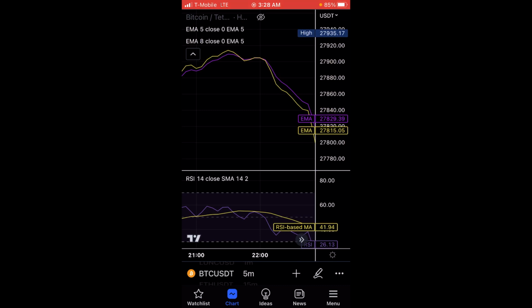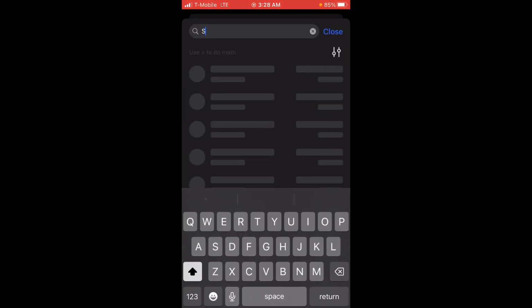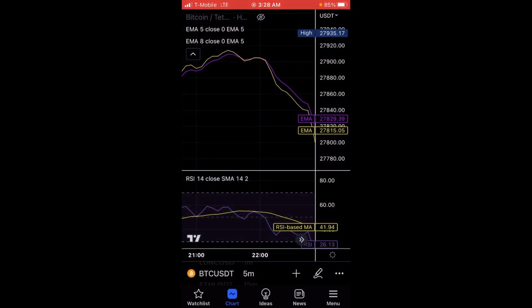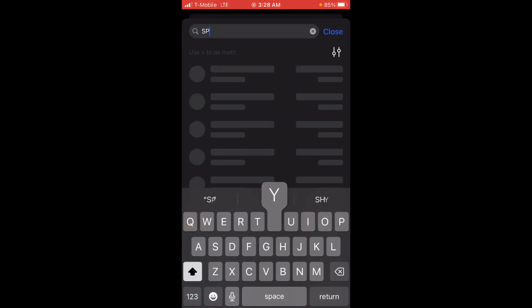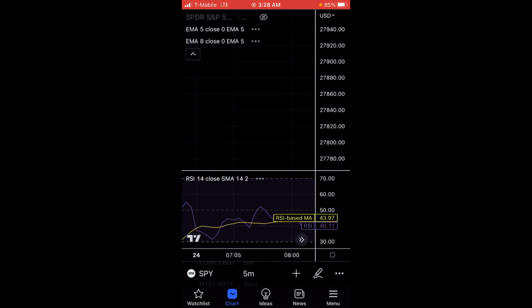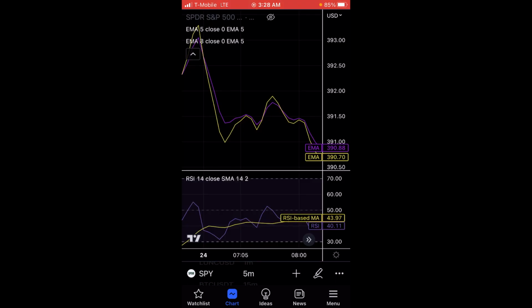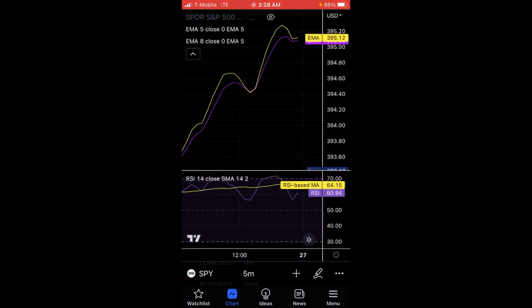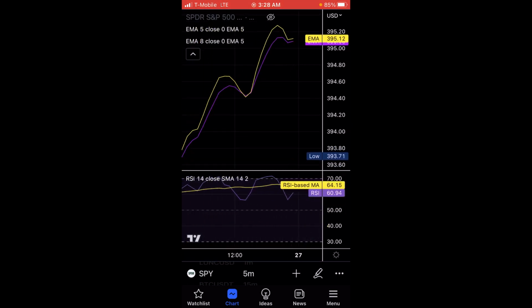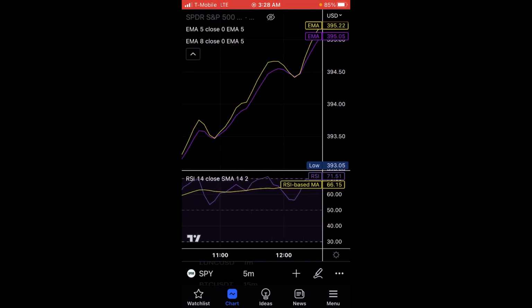Or real quickly, let's run this with the stock market and see if this is effective for stocks as well. Let's do both today. Let's see if this is effective for both. So we got here.